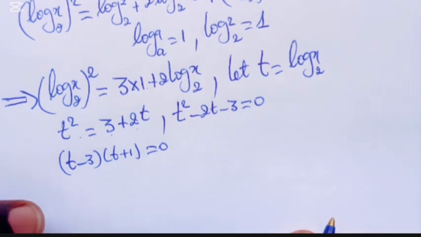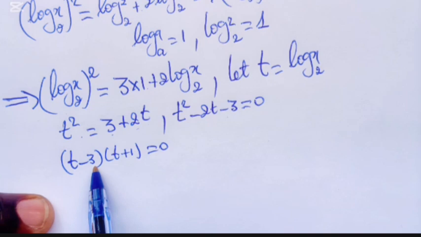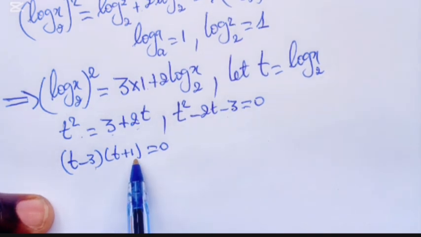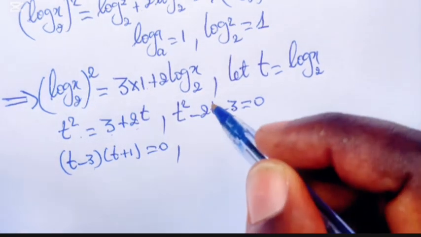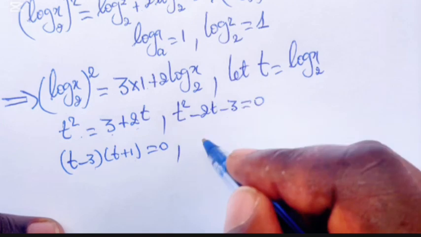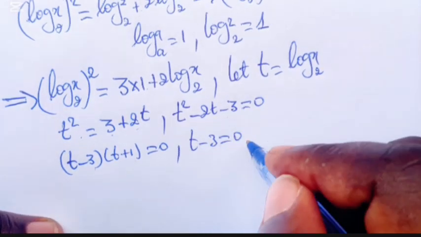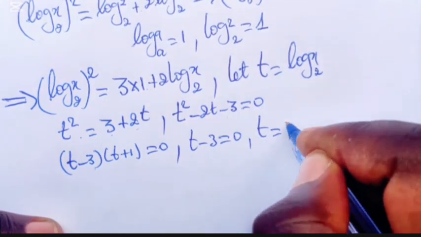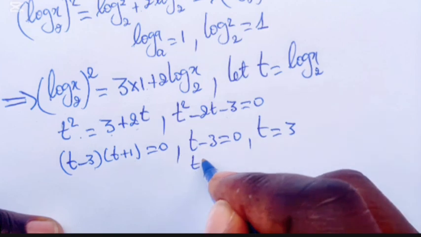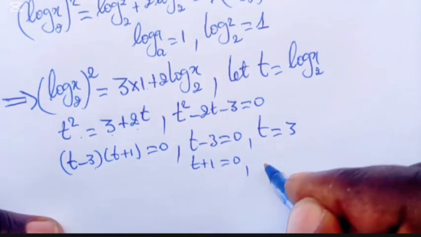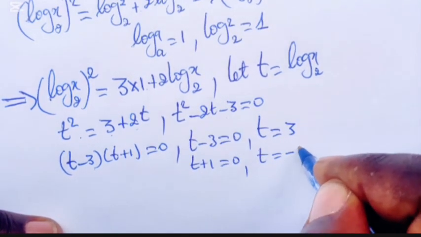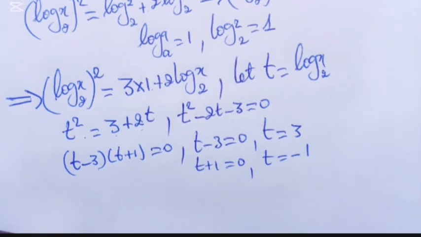That means t minus 3 can be 0, or t plus 1 can be 0, or both can be 0. Here t minus 3 is 0, so the t value will be 3. If t plus 1 is 0, the t value is going to be minus 1.